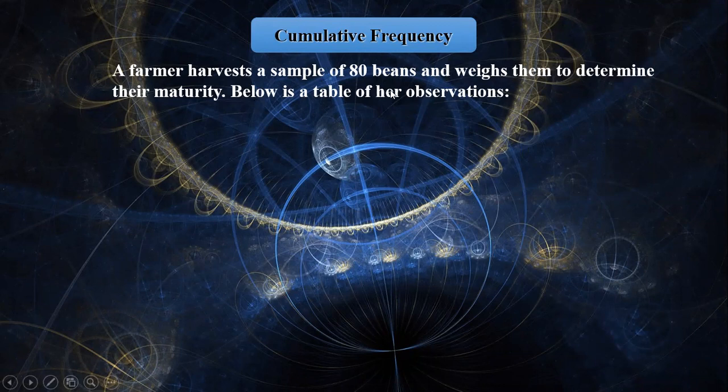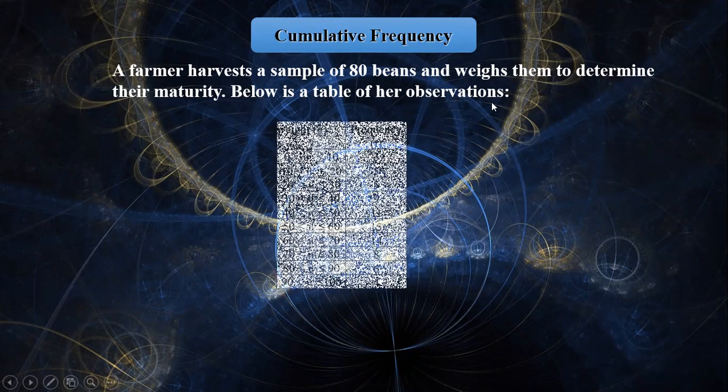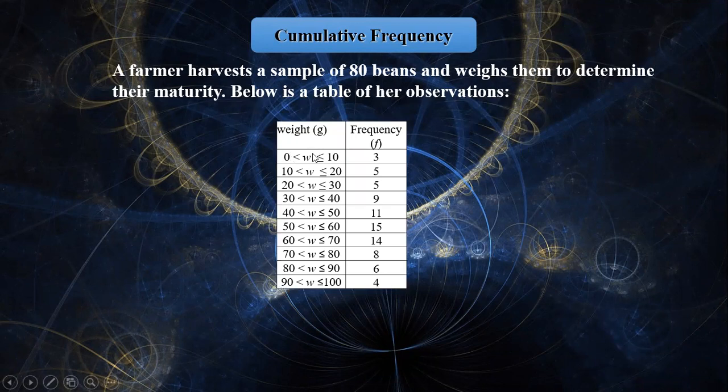Below is a table of her observations. These are the weights of the beans, and this is the frequency, which means, in this case, 3 beans had a weight of between 0 and 10. 14 beans had a weight of between 60 and 70 grams.